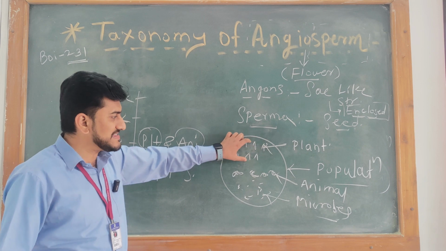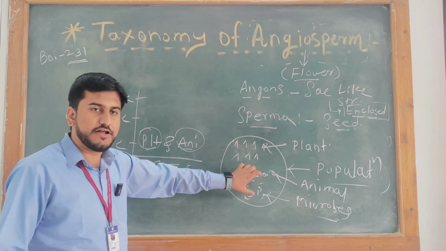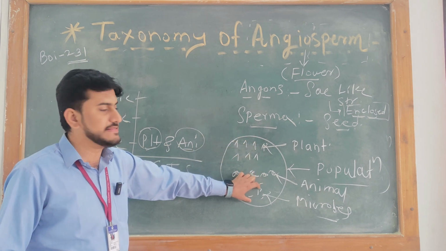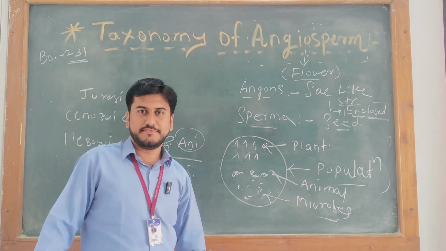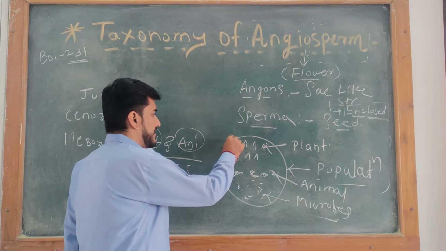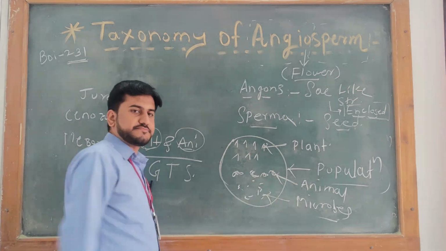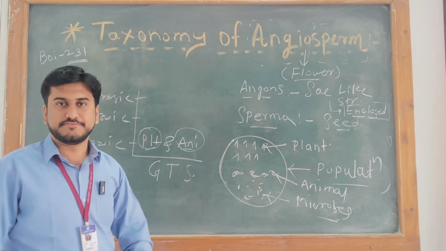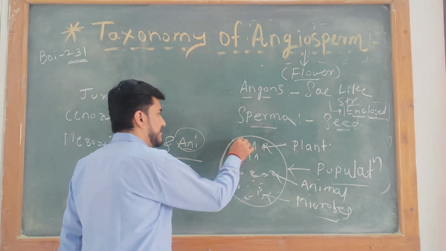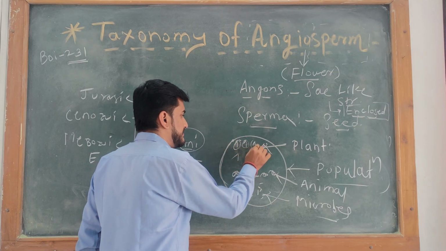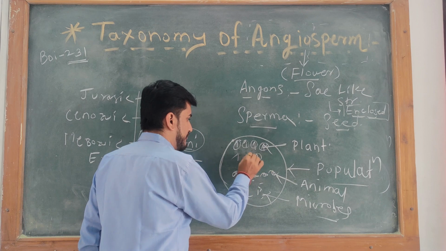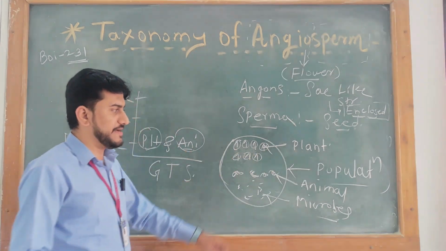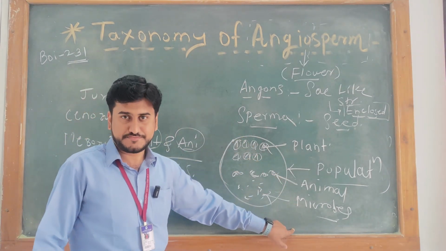So all these living organisms are found in the selected population, and we study this population, studying individual living organisms. Living organisms found in a particular population are, for example, plants, animals and microbes.